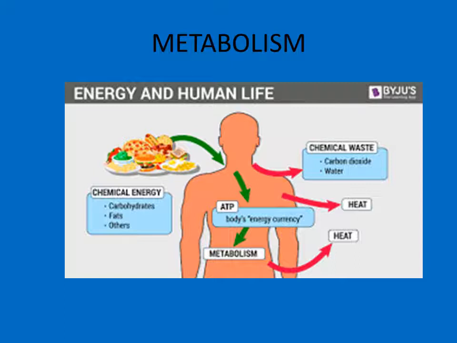The word anabolism indicates that there are some important chemicals that form the structural framework of our body. So when these small chemicals join together to form bigger molecules, which are also known as biomolecules or biomacromolecules, the process is known as anabolism.